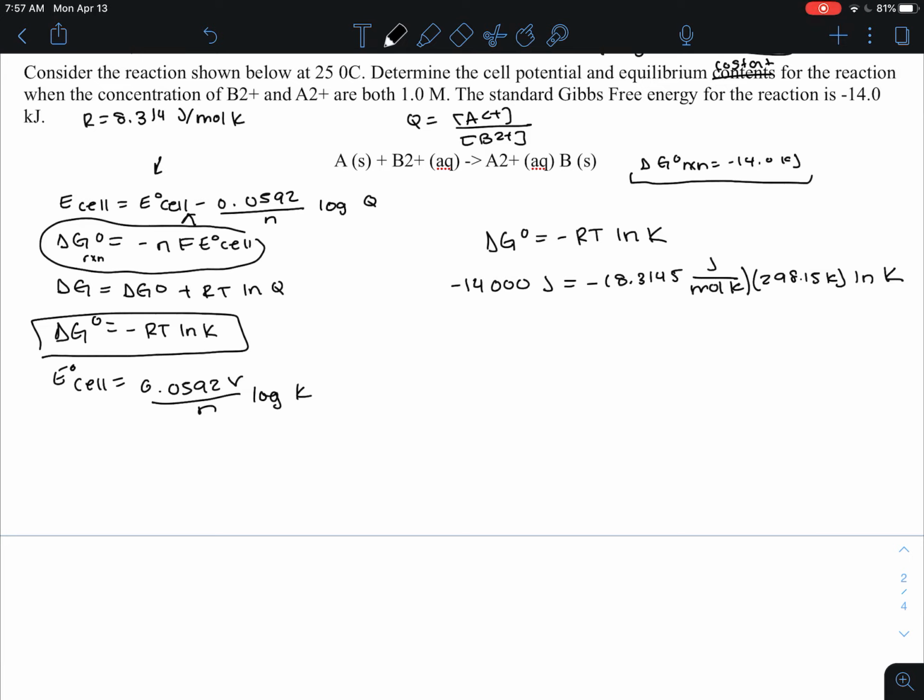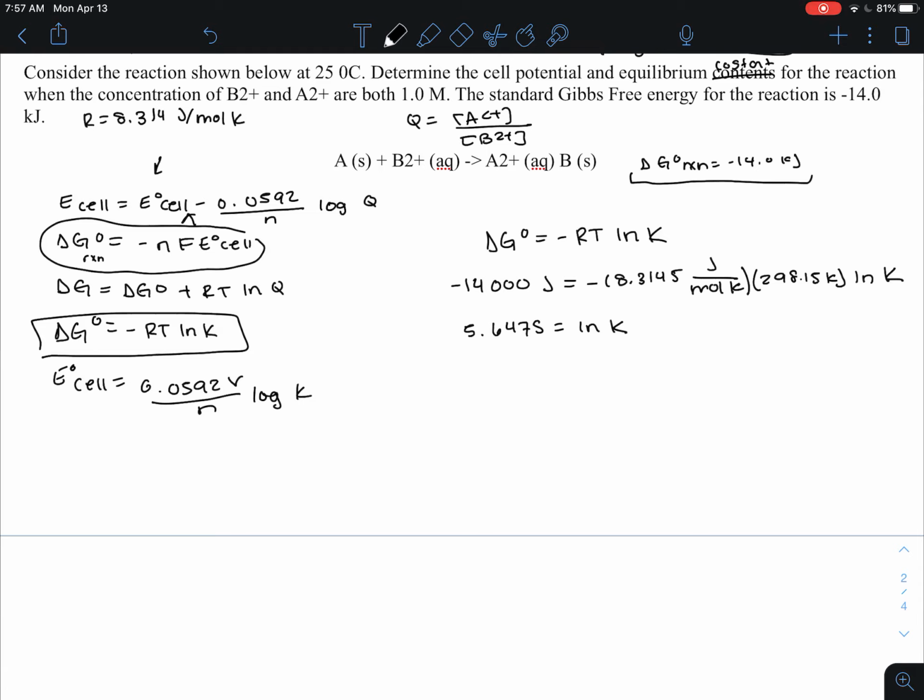So one step at a time, try to solve this. 8.3145 times 298.15, and then that negative 14,000 divided by negative 2478.968. So I get, multiply these, divide over, negative goes away, 5.6475 is equal to ln of K.